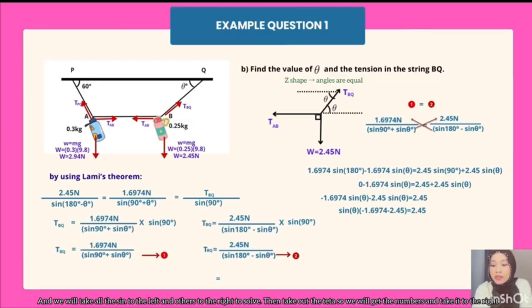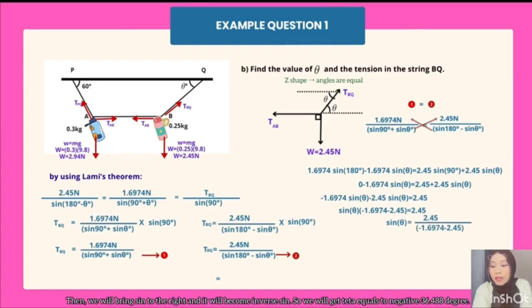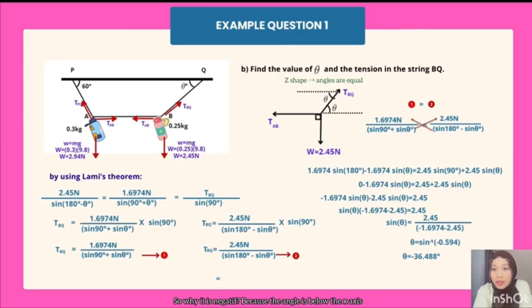So negative 6974 minus 2.45, we take it to the right over the 2.45, and then the sine we bring to the right, and it will be sine inverse. So theta is negative 36.488. Why is it negative? Because the angle of theta is below the x-axis.